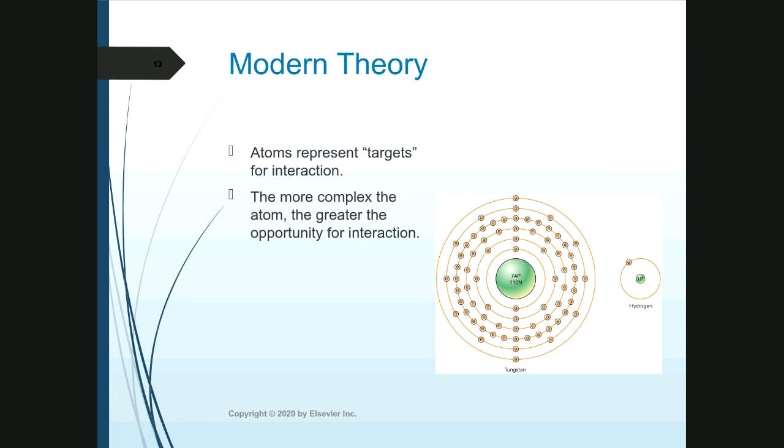All right, so when we're talking about atomic interactions in the X-ray tube, the atoms represent the target. If you're talking about how you interact with the photons in the X-ray beam with the human tissue, that is a target for interaction as well.